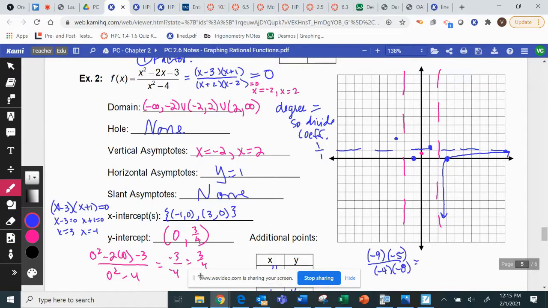It's kind of big on top and bottom. 45 over 32. A little over 1, but not quite 2. Closest to 1.5. About there. Doesn't have to be perfect.